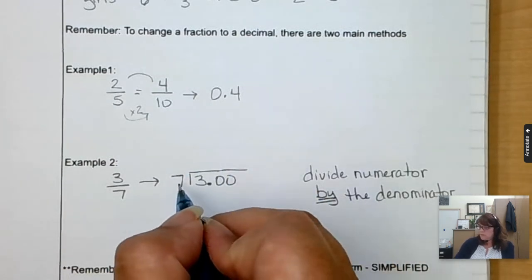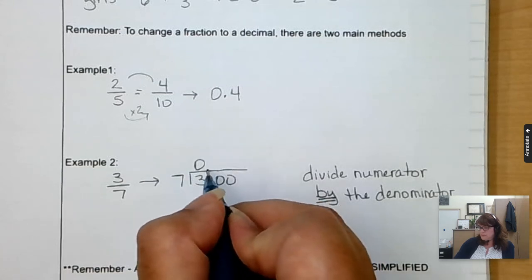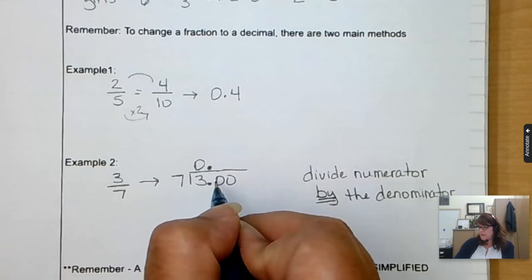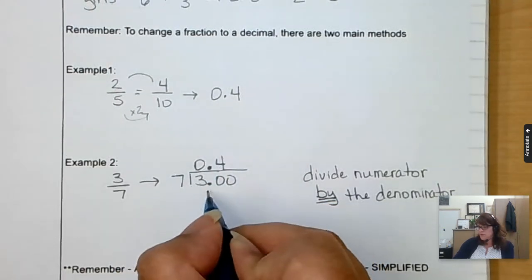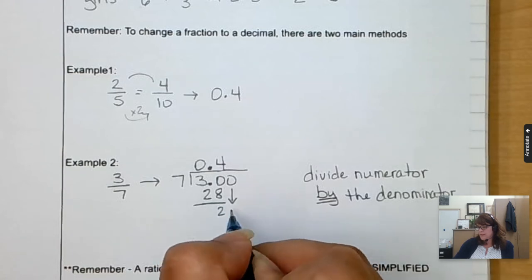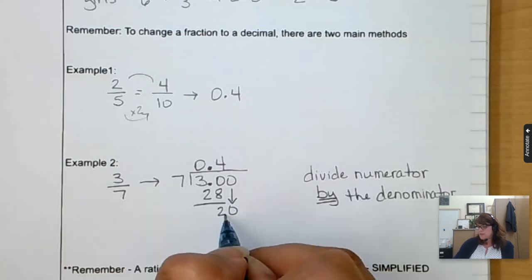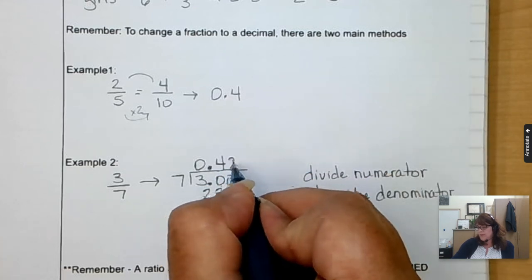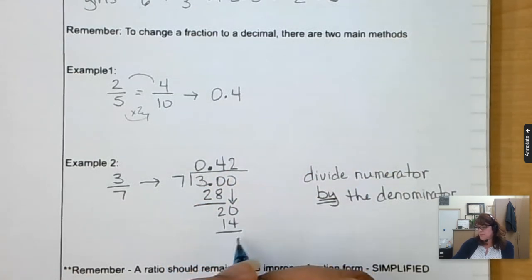Now, 7 can't go into 3. There's my decimal moving straight up. 7 can go into 30 4 times. That's 28. Bring a 0 down. 7 can go into 20 only 2 times. It's 14. 6.